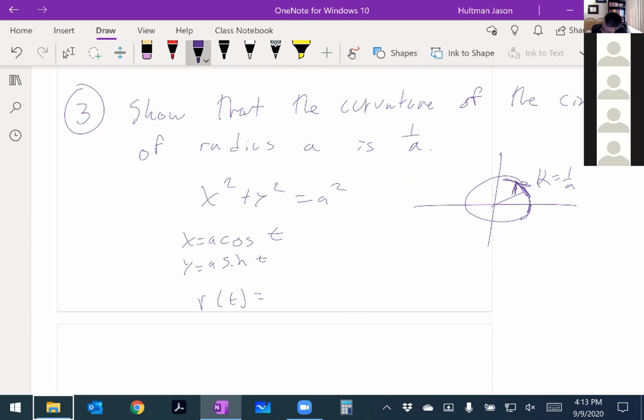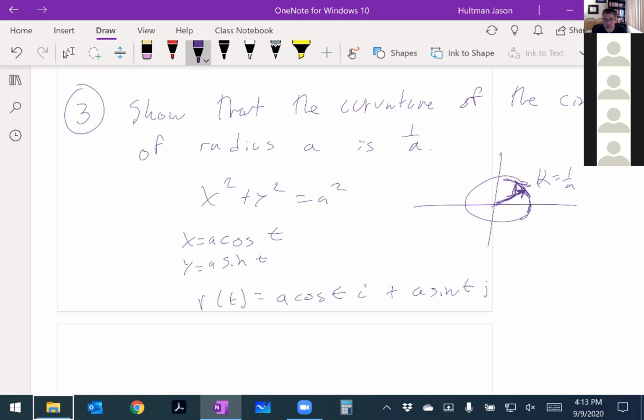So what's r of t then? If we think about this as a two-dimensional vector on this curve, it's a plane curve. We want this to be a cosine t i plus a sine t j.